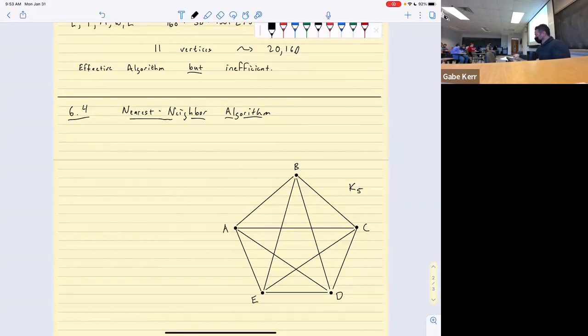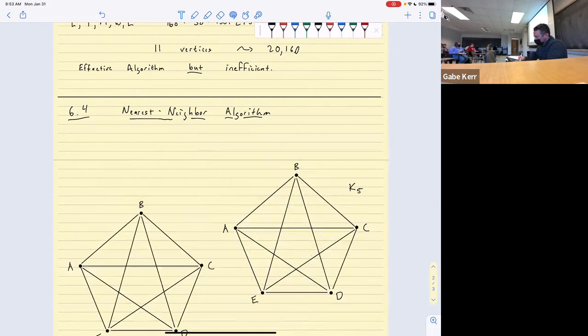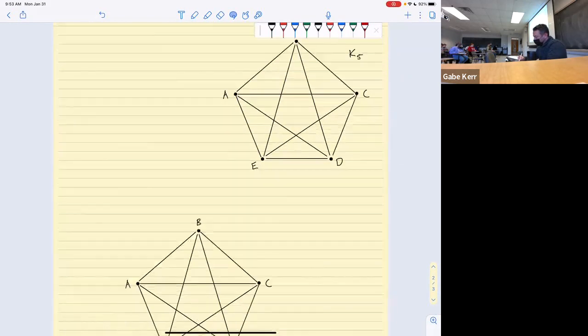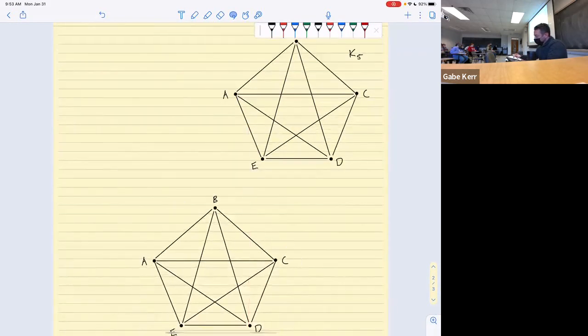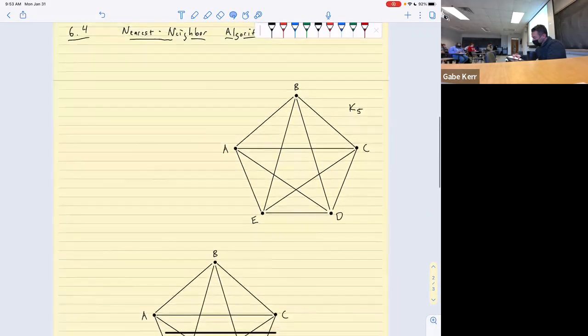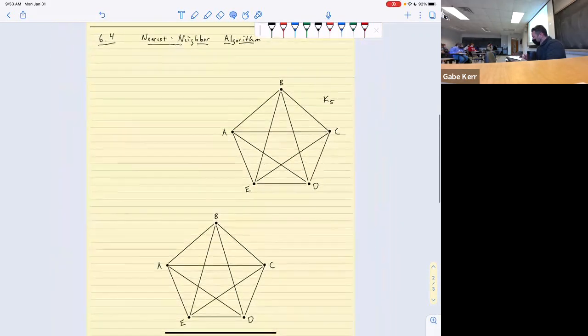I'm going to explain the nearest neighbor algorithm on this graph, but let me write down the step-by-step process, and we'll follow it.